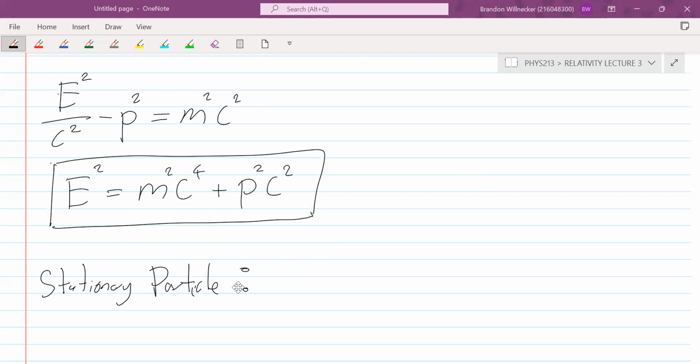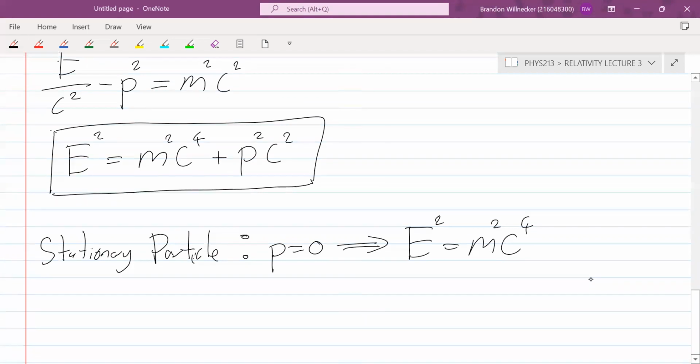It has no 3 momentum, should I say. So P is equal to 0. So this implies that E squared is equal to m squared c to the 4, or we can take the square root. We get E is equal to mc squared, right? The famous Einstein formula.